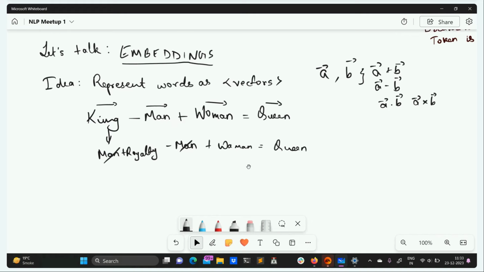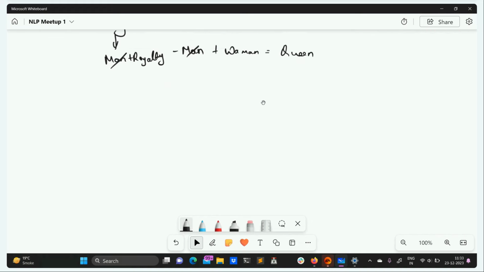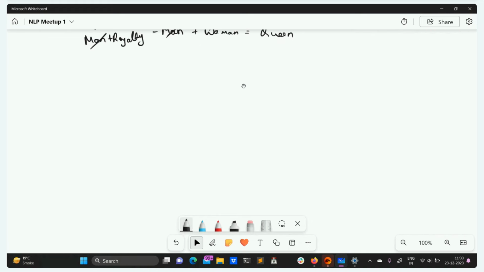Now, to understand this, let's start with a problem first. The major problem in language modeling is to predict the next word that you see in a text. So let's start with a sample text. Again, let's go back to this thing, which is quick brown fox.